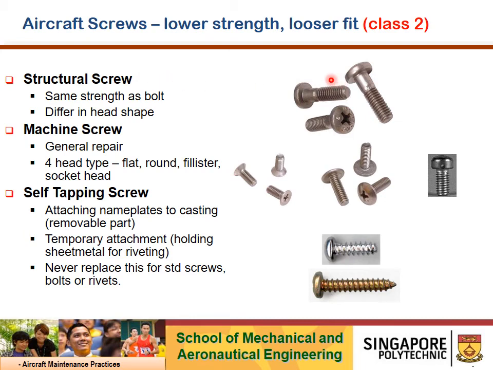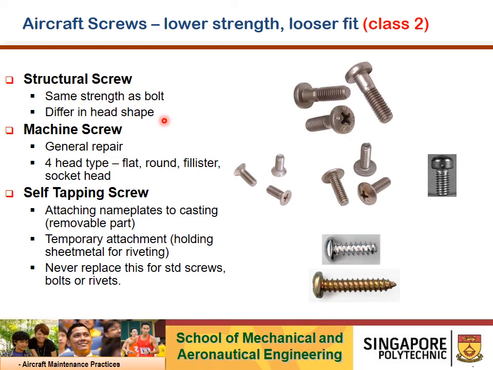Structural screws have the same strength as a bolt of equal size. The only difference is the type of head shape as shown here. A bolt itself, most of the time you can install with an open end spanner, combination spanner or socket. But for a structural screw, the tool to be used will be a screwdriver.